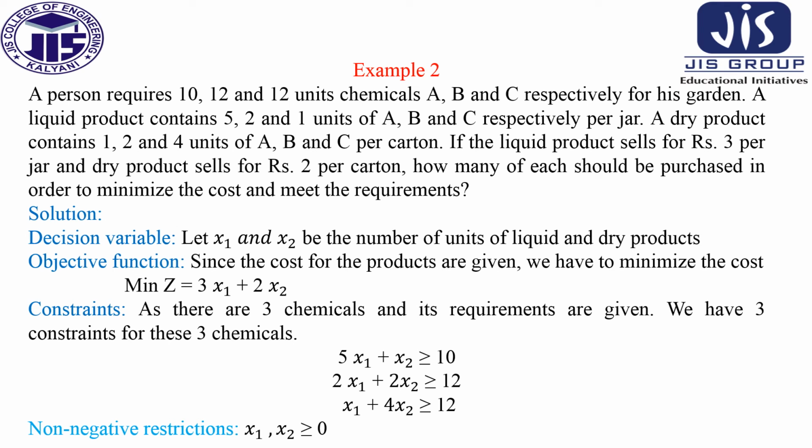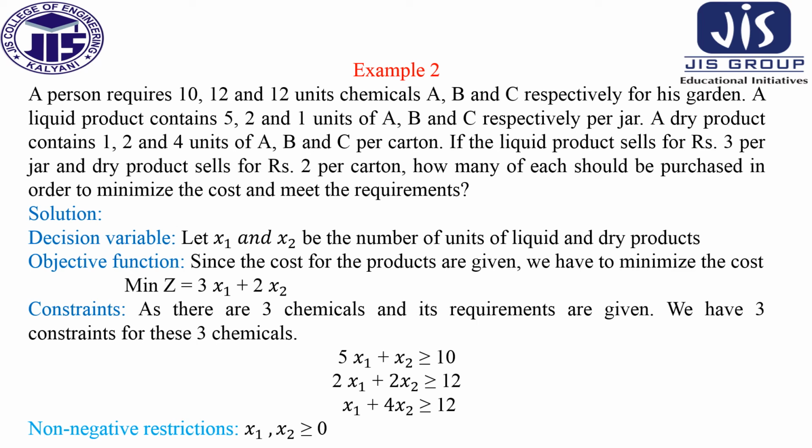Now what will be the constraint part? We are dealing with three chemicals: chemical A, chemical B and chemical C. The first constraint will be developed for chemical A. A person requires a minimum of 10 units of chemical A for his garden. So what will be the first constraint? It will be 5 into x1. Why 5 into x1? You see the second line: a liquid product contains 5 units of A per jar.